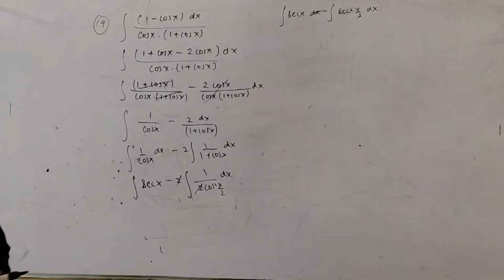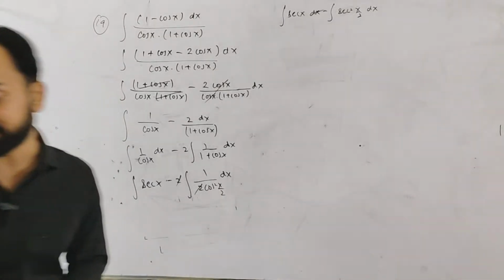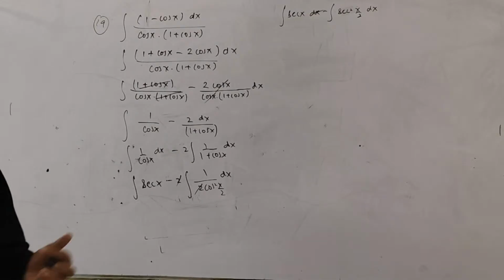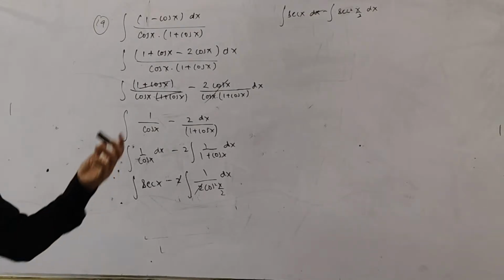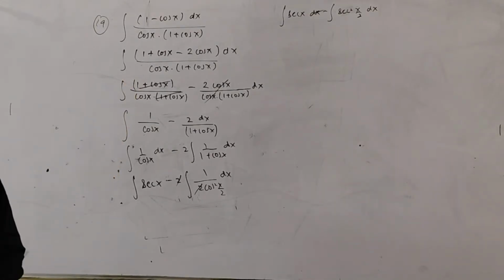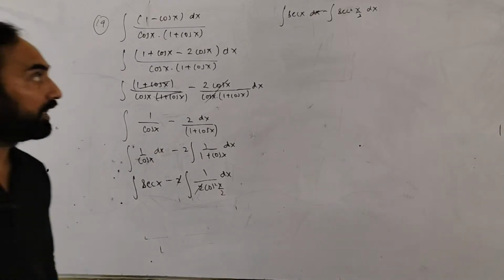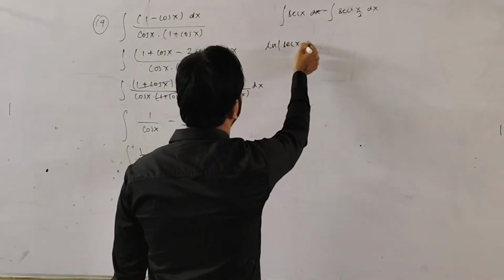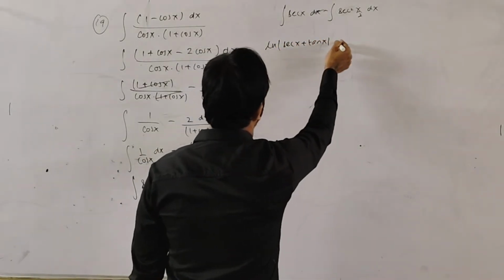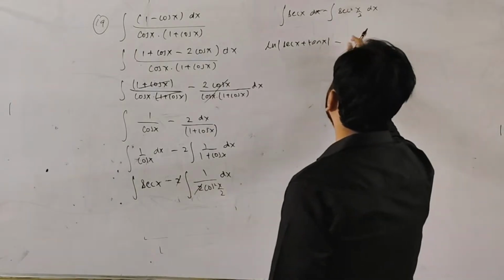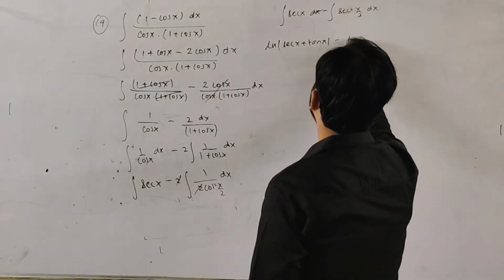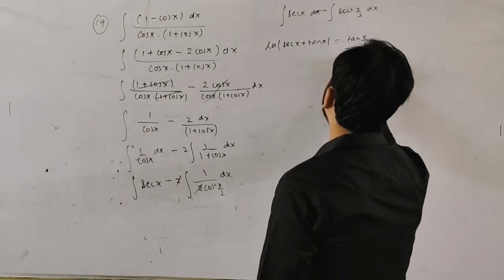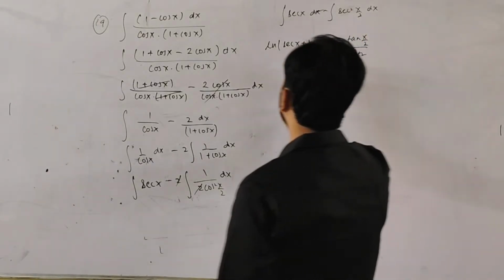Secant x integrates to ln secant x plus tan x, and secant square x by 2 gives tan x by 2 divided by 1 by 2, so the 1 by 2 goes up.